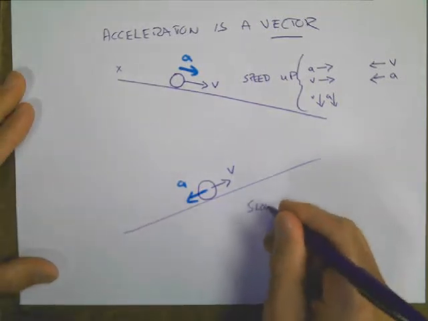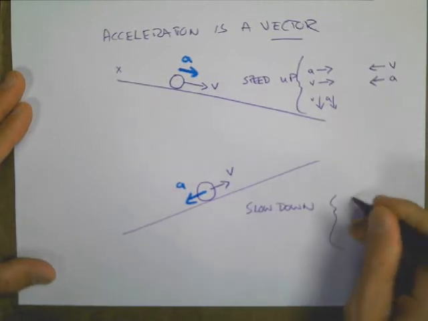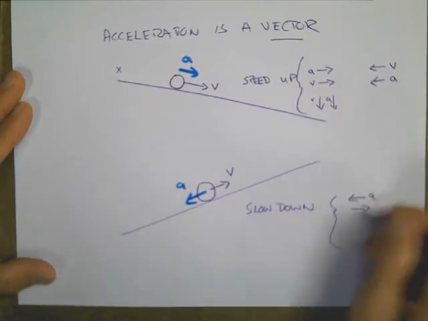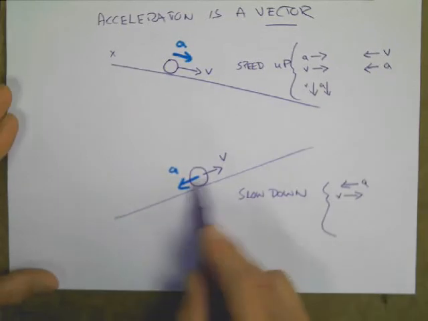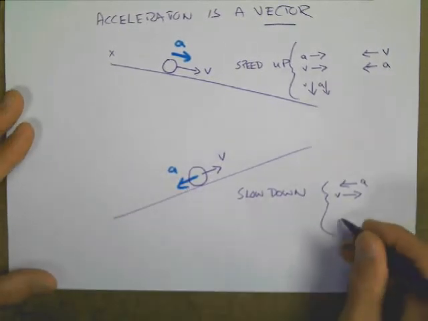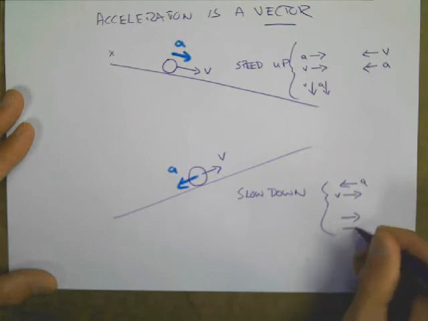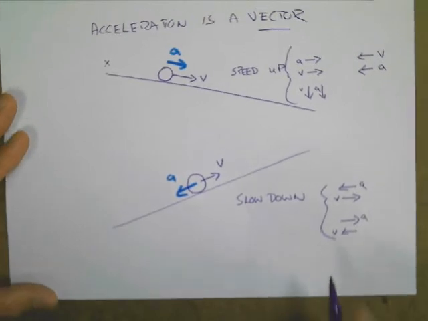And that's a recipe for a slowdown. And that happens whenever acceleration vectors point in the opposite direction of the object's instantaneous velocity. So right here, the object happens to be moving up, but it's accelerating down. And you can imagine a lot of different situations where this might happen, wherever you have opposite vectors here.